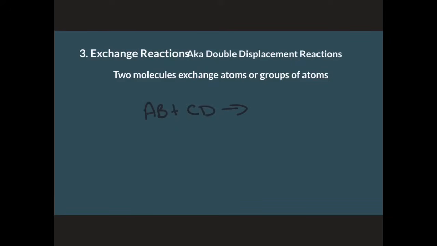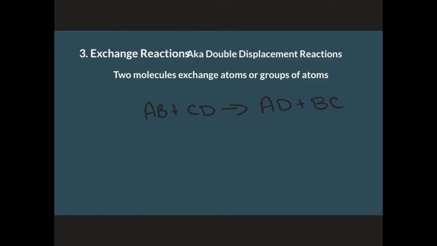This type of reaction looks like this. Let's say you start with a molecule that has AB and then the other molecule has CD. What happens is they actually switch partners, hence double date gone wrong. What's happening is that the bonds between A and B and C and D are breaking.